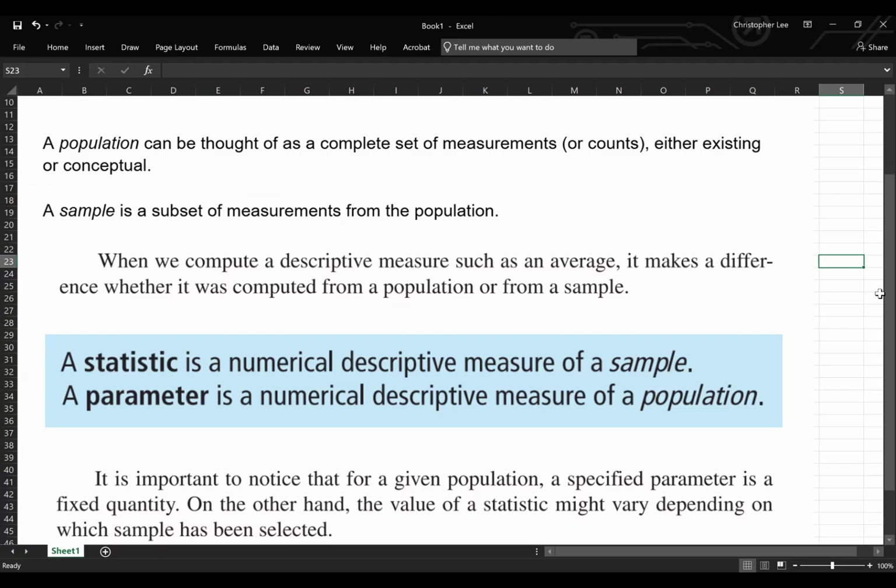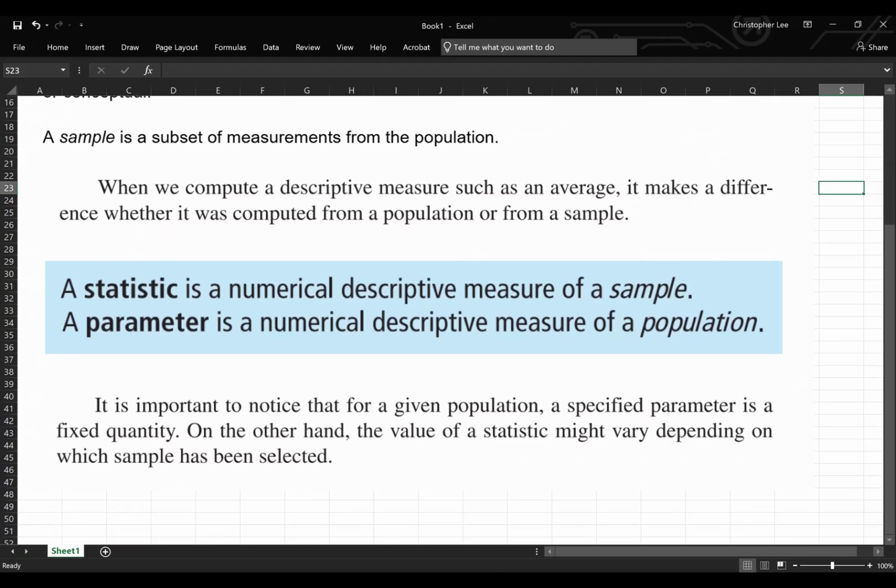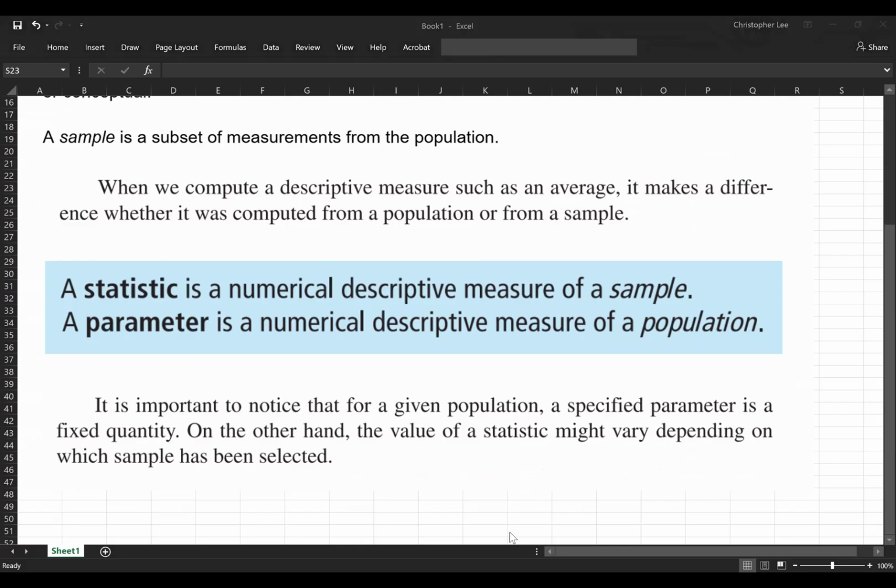On the other hand, the value of a statistic might vary depending on which sample has been selected. All right. Let's continue. All right, just want to give you guys an example real quick.